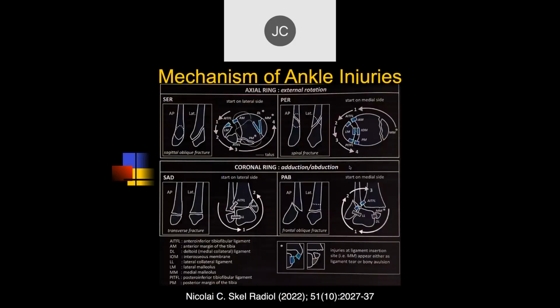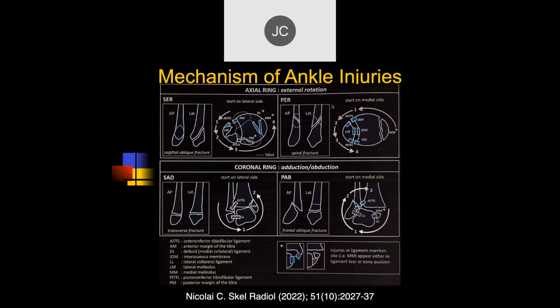When you have this kind of mechanism of injury, you tear the anterior talofibular ligament, usually the fibulocalcaneal ligament as well, and then depending upon how extensive it is, you can also tear the medial deltoid. So we see this kind of mechanism a lot. So this is a supinated injury to the foot.